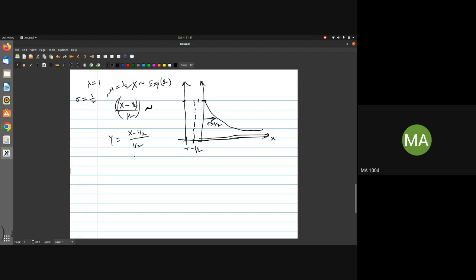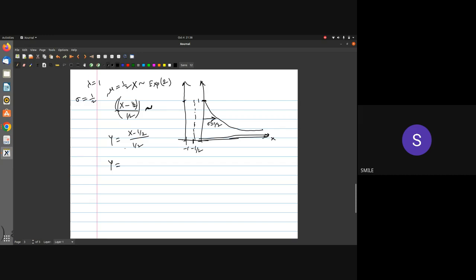In this case, what will be the new sigma? So will sigma or the shape change or not? Sigma will become 1. So any changes in the shape?